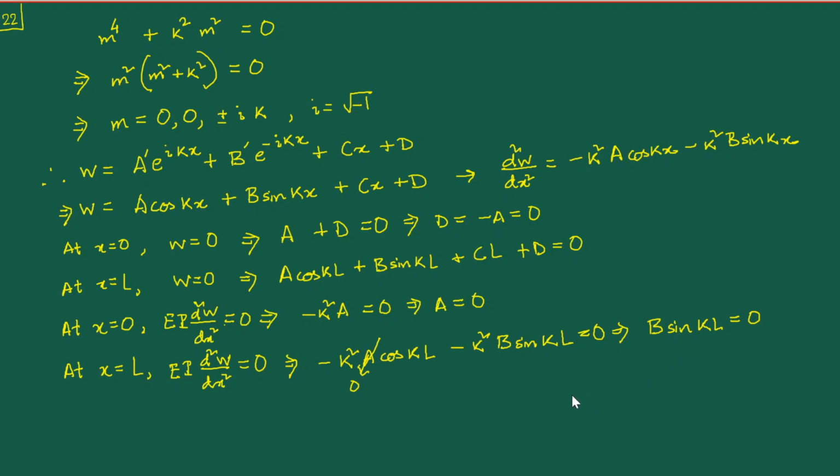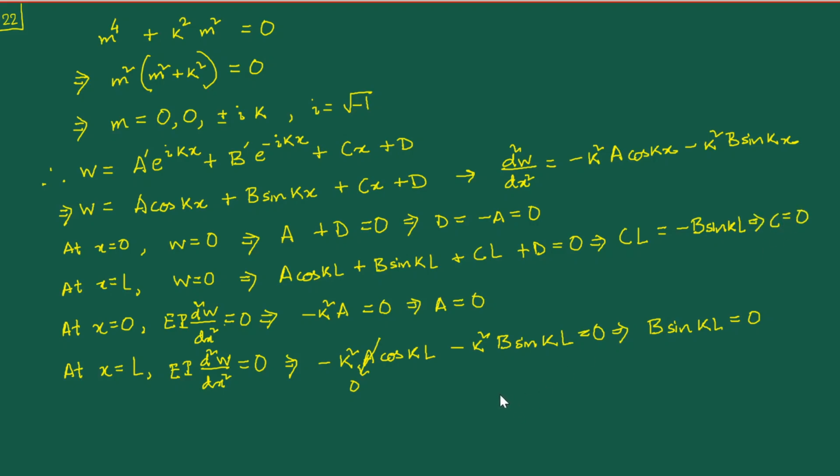Now if you go back here and see that this A is 0, this D is 0, and we have just found out that B sin kL is equal to 0, which means that cL is equal to minus B sin kL, which implies that C is equal to 0.